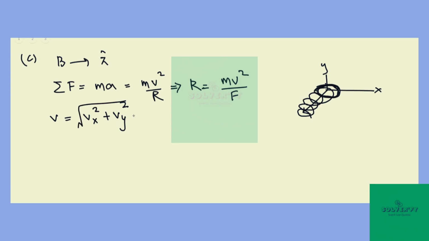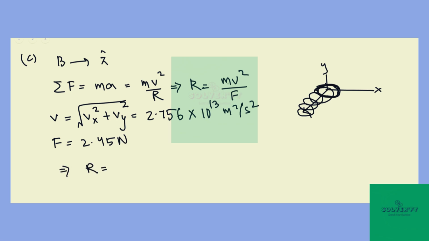So this gives the magnitude of velocity in the xy plane to be 2.756 times 10 to the power 13 meters per second squared, and the magnitude of force is already given to be 2.45 Newton. Now we just plug in these values into this equation and we get the radius to be 0.029 meter.